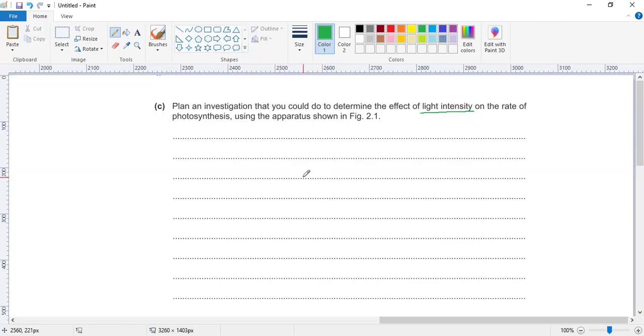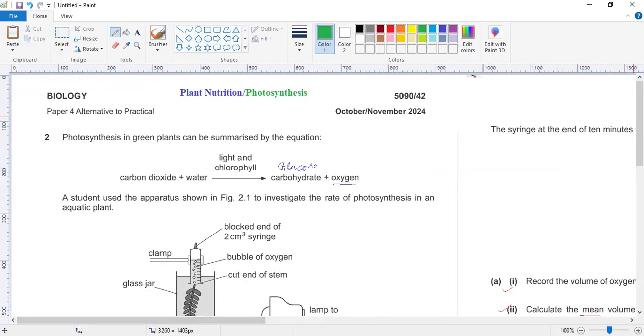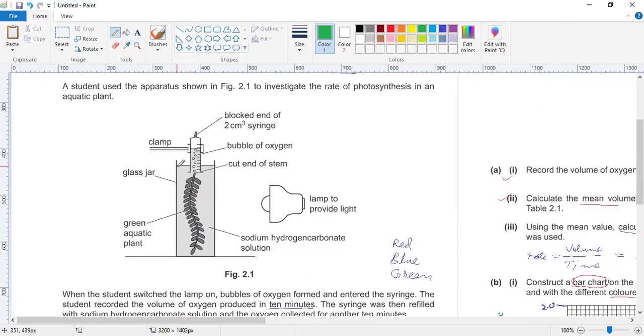We should define our investigation by using the same experiment that we have seen here, that in a gas jar we have taken the aquatic plant and clamped it. We will use the same experiment, we just change the light intensity.